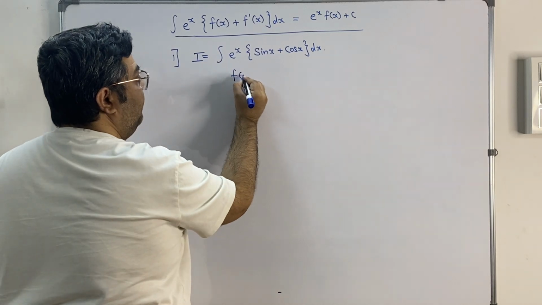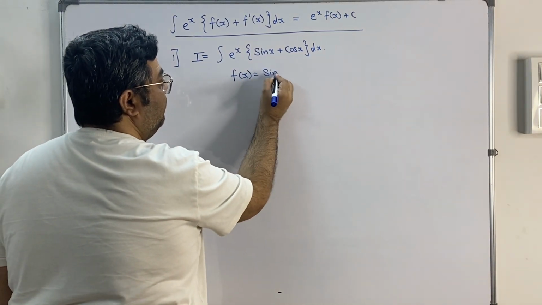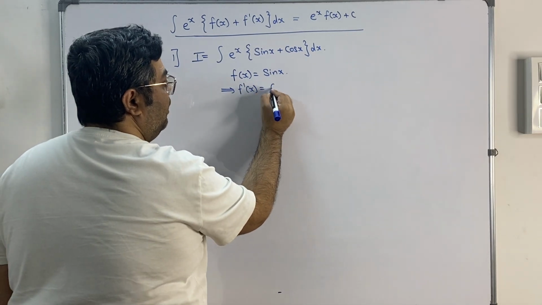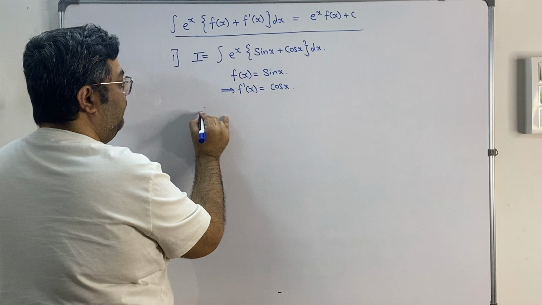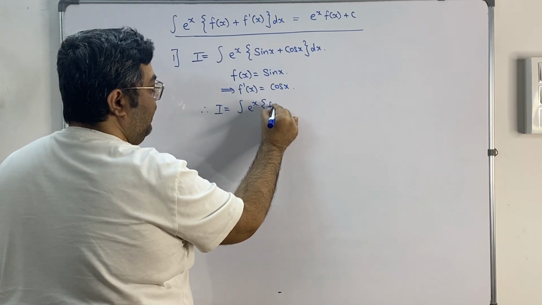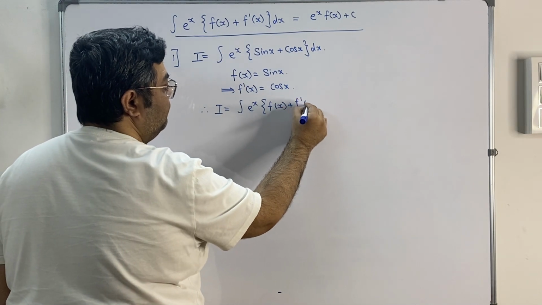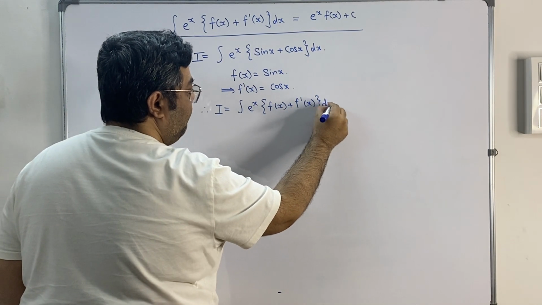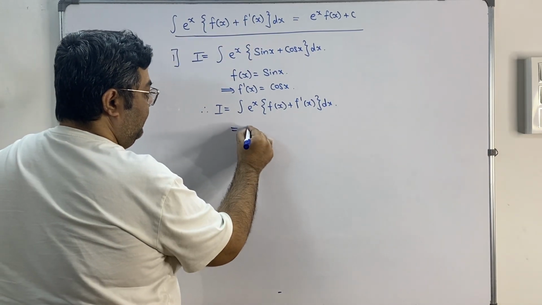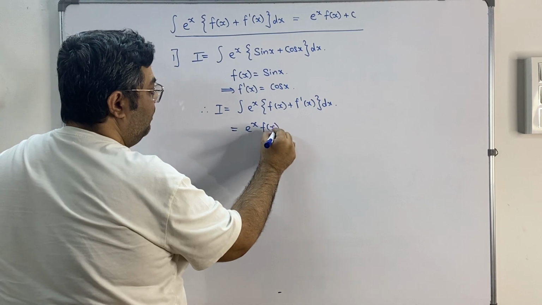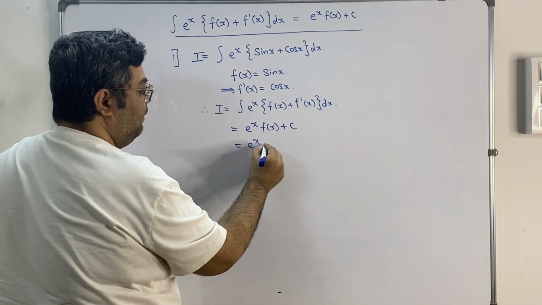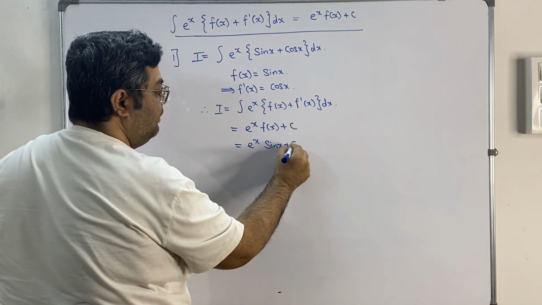So we take f(x) is equal to sin x, which means f'(x) is cos x. Therefore, I becomes integration e raised to x (f(x) plus f'(x)) dx. Using the above result, we get e raised to x f(x) plus c. We resubstitute f(x), it is e raised to x sin x plus c.